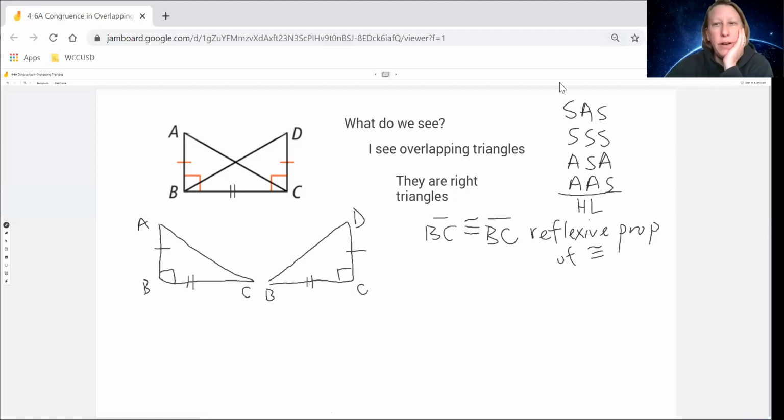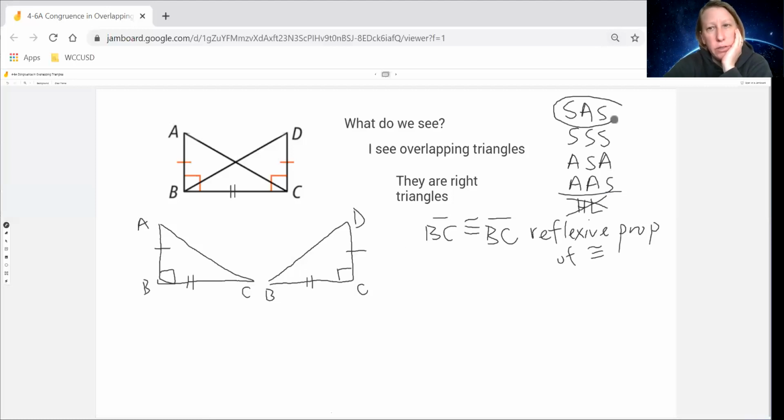So of these 5 reasons, we could use hypotenuse leg, but we don't know the hypotenuse, so it's not going to be that one. Which of these 4 is it? Well, what do we have marked? We have a side, we have this beautiful looking right angle, and we have another side. So what's that called?